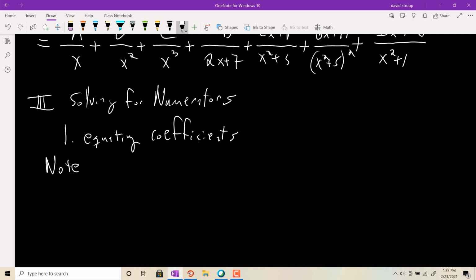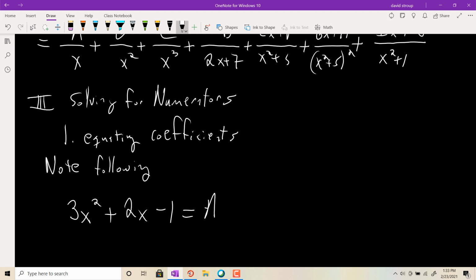So how does this work? Note the following idea, which you may or may not be familiar with. I'm going to put some numbers on one side: 3x squared plus 2x minus 1.